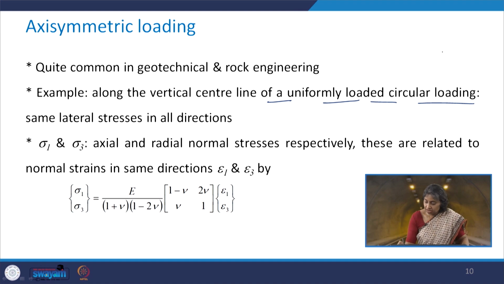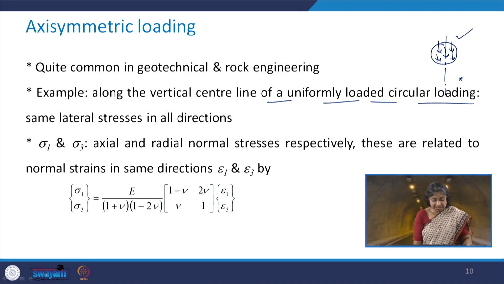Let us say if you take a look in plan, this is the circular loading, some uniformly distributed load is there and this is the center line. If we take any point in the soil mass or the rock mass, such a problem can be considered an axisymmetric problem.